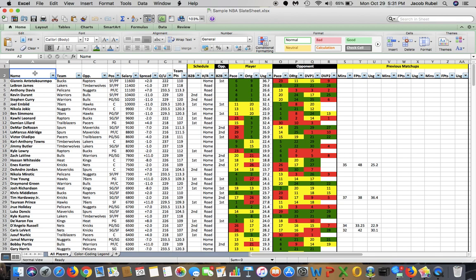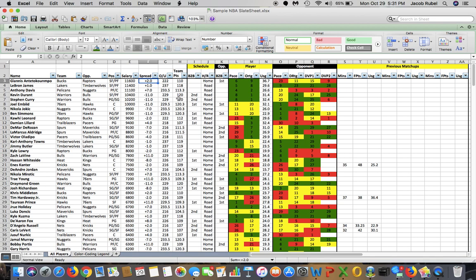So to start, we have every player in the player pool, the team that they play for, their opponent that night, the position they're eligible at, their salary, the Vegas spread, over under, and implied team total based on the spread and over under.